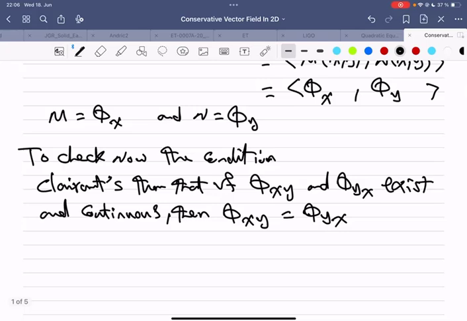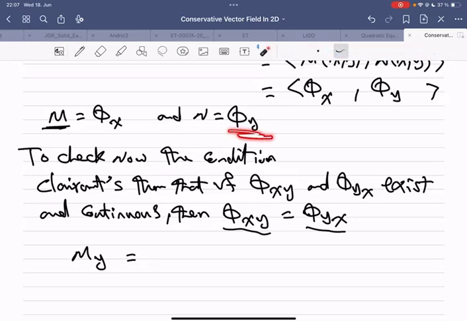So to check if the vector field is conservative, what you should do is to check that phi xy equals phi yx. So M equals phi x, so you will check that M y equals phi yx, which is N x.